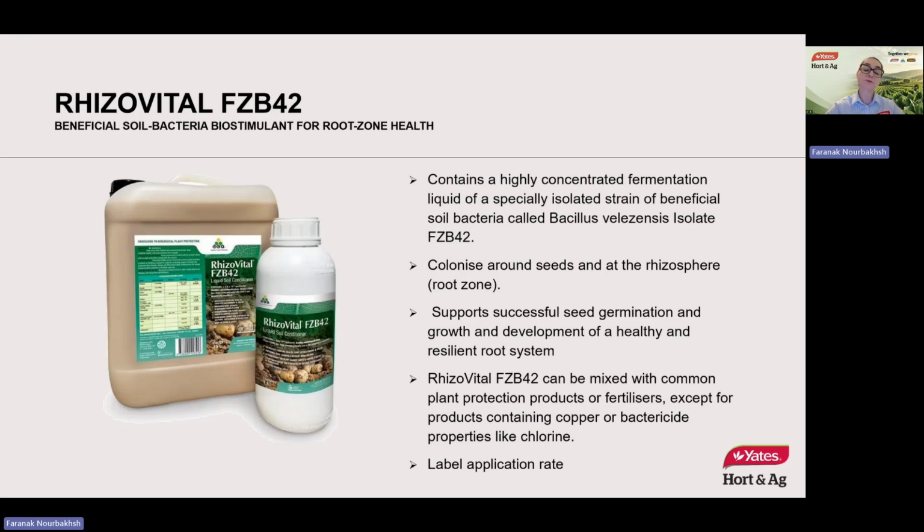The other point that I want to raise here is we know that Australian soils are normally low in phosphorus, and sometimes even when we apply fertilizers that include phosphorus, we still don't get the result as expected, and we still see purplish color or phosphorus deficiency symptoms on our plants.